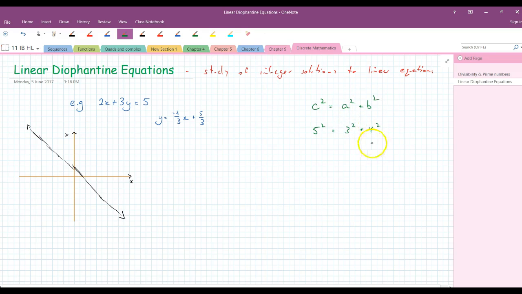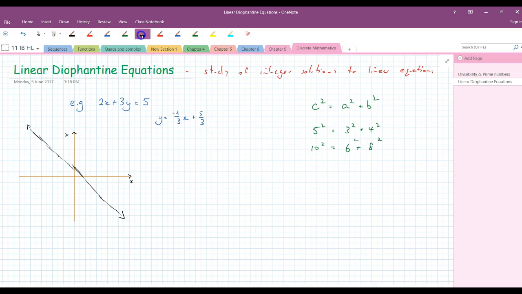So a equals 3, b equals 4, c equals 5 is one. And then just doubling will give us 6 squared plus 8 squared is 10 squared. These are called Pythagorean triples, and there's an infinite number of integer solutions to such a thing. That's not linear, that's a quadratic Diophantine equation.